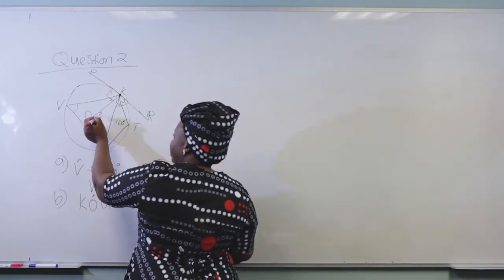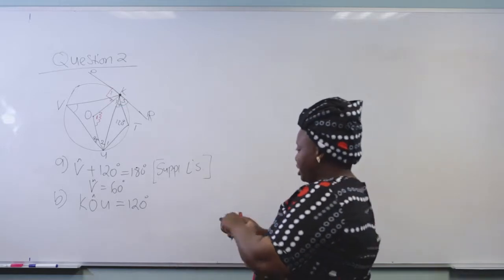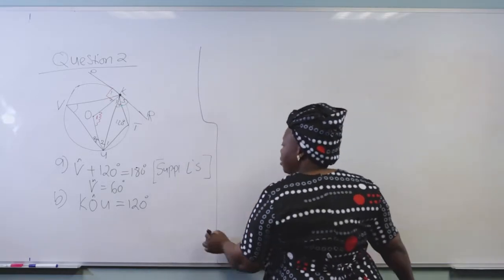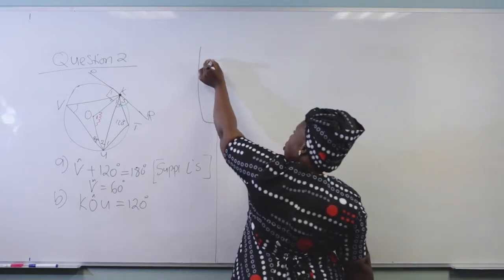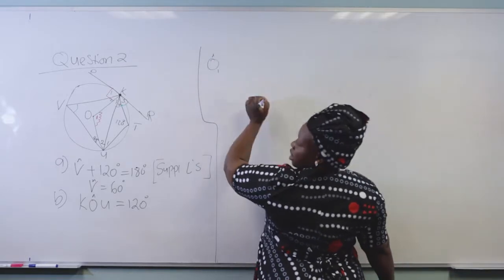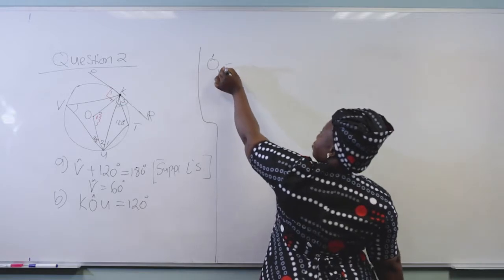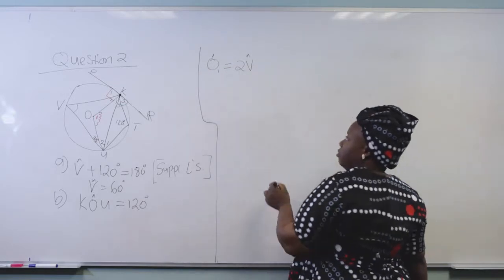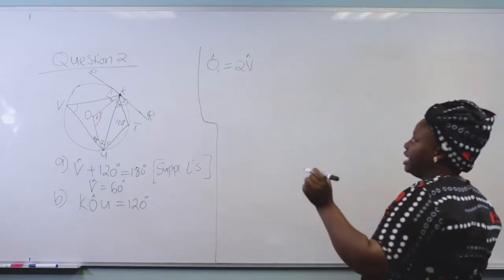Let's call it O1. If we say O1, it equals 2 times angle V, meaning the angle at the center is twice the angle at the circumference.